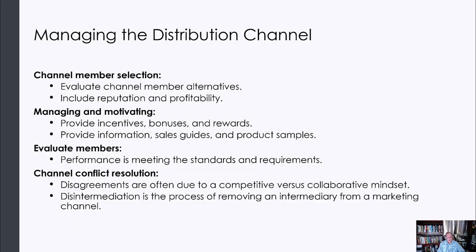Marketing has to connect the customers with the distribution channels, and marketing has to make the decisions of which distribution channels customers want to utilize, and they have to understand the wants, needs, and desires. They've got to evaluate channel members, evaluate channels, evaluate the reputation that these channels are going to have, and evaluate whether these channels are going to be profitable.